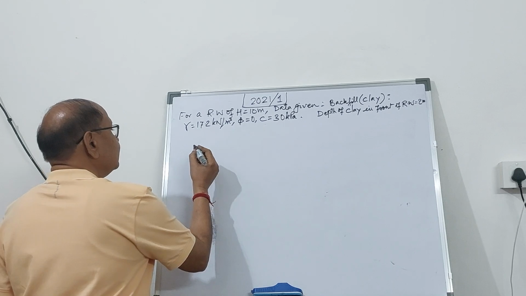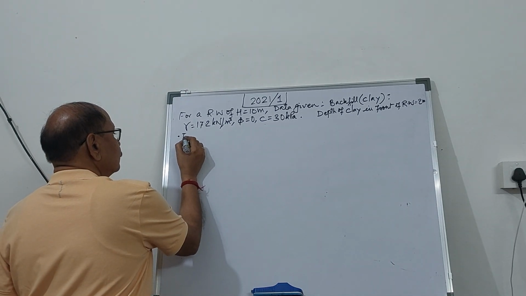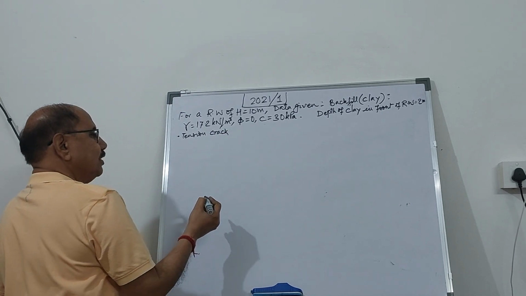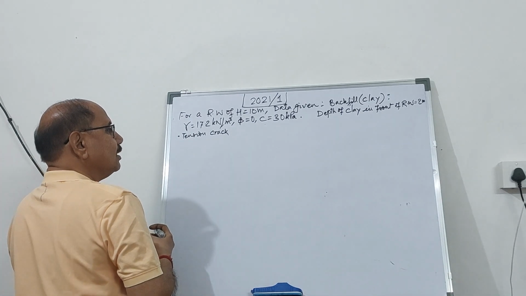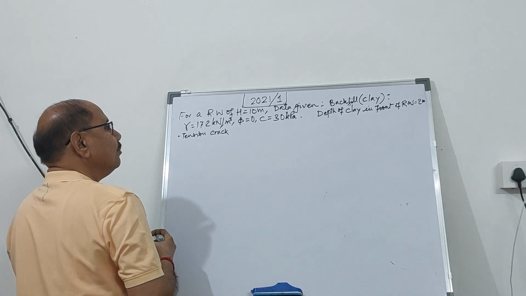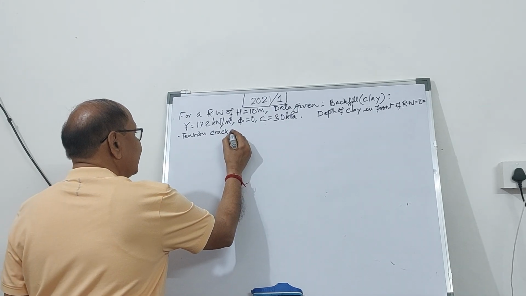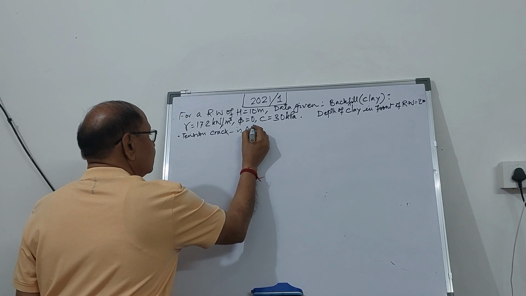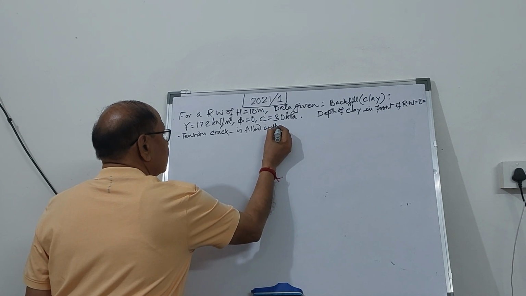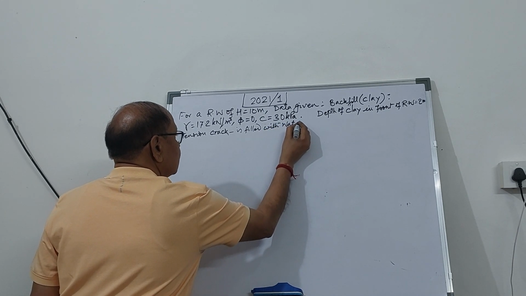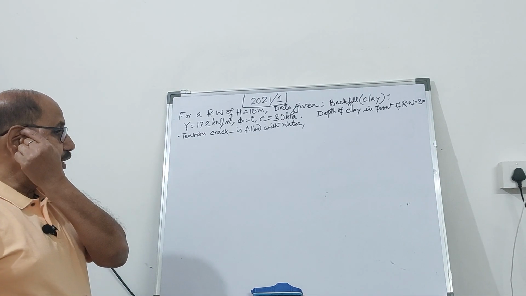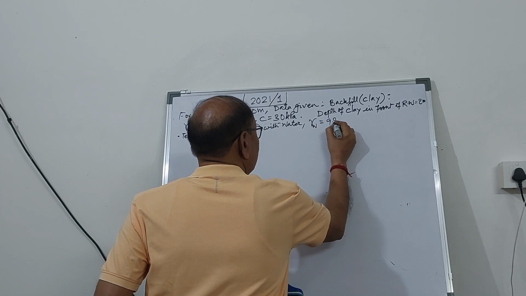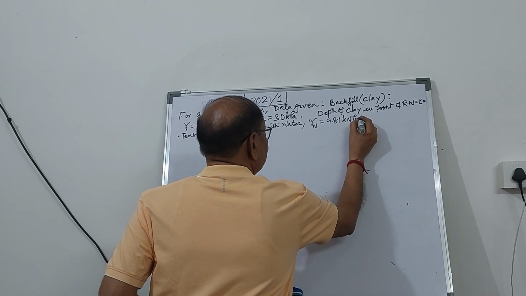And the tension crack, which gets developed because the backfill soil you have used is a clay mass, is filled with water. The unit weight of water is also given as 9.81 kilonewton per cubic meter.